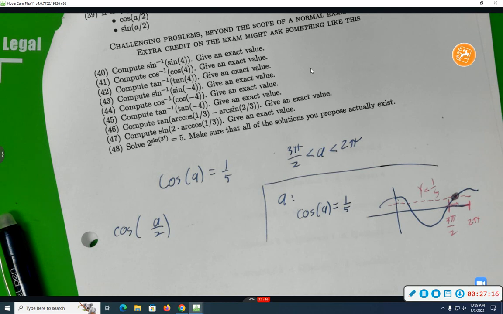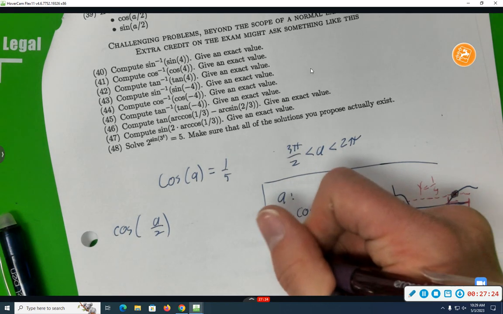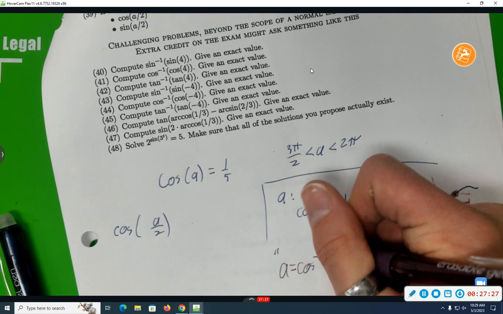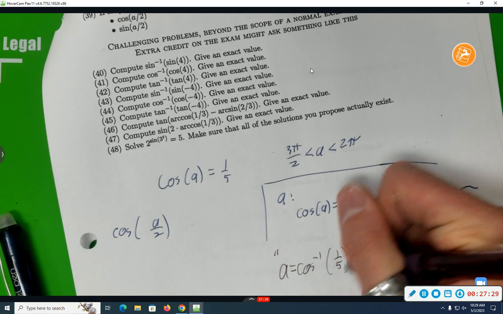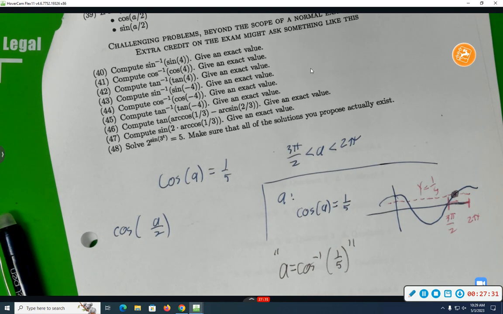So here's an answer that's the obvious choice for A that isn't right. What if you want to write A is equal to the inverse cosine of 1/5? That's not right, but why isn't it right?